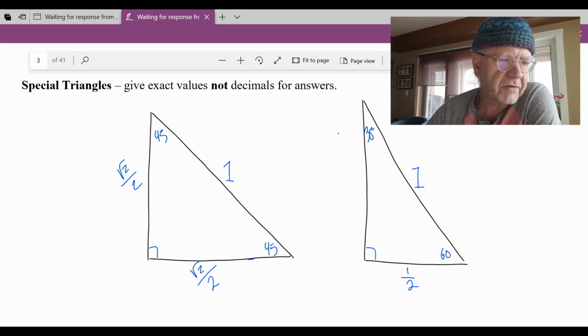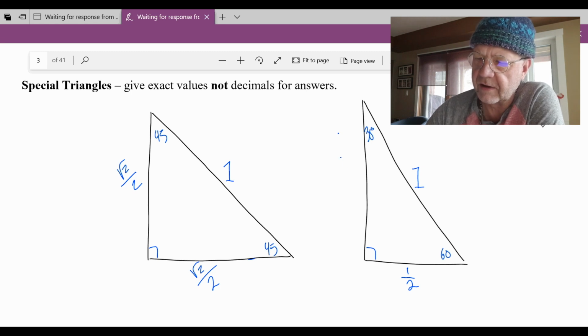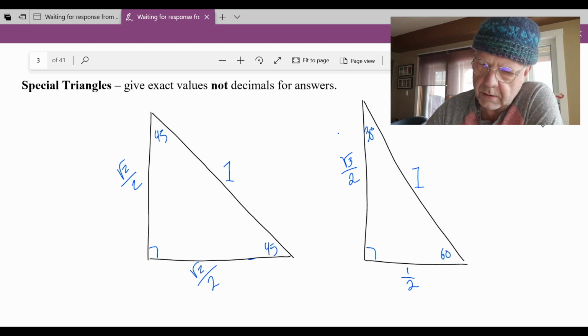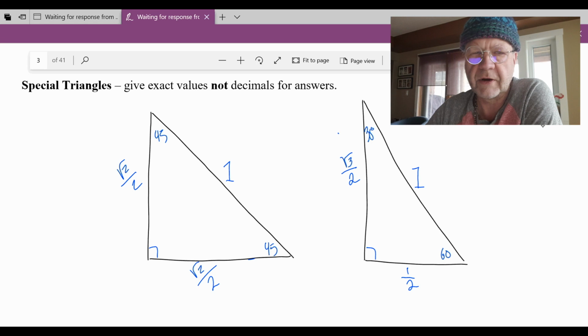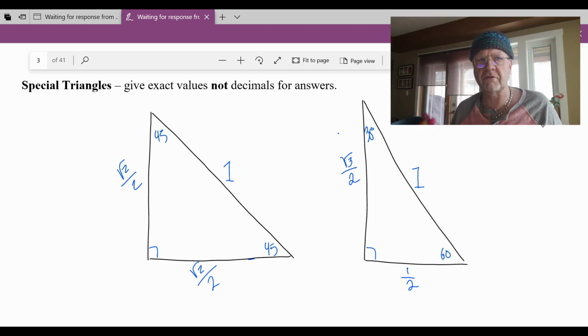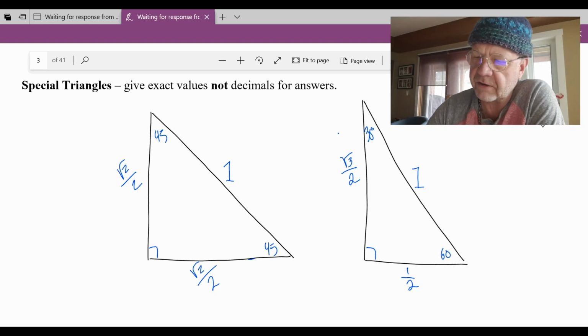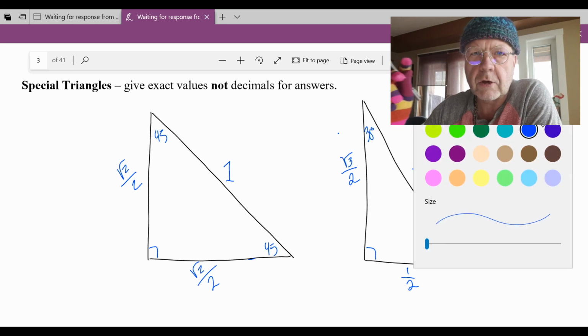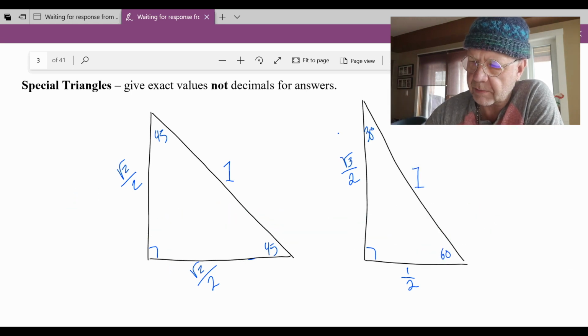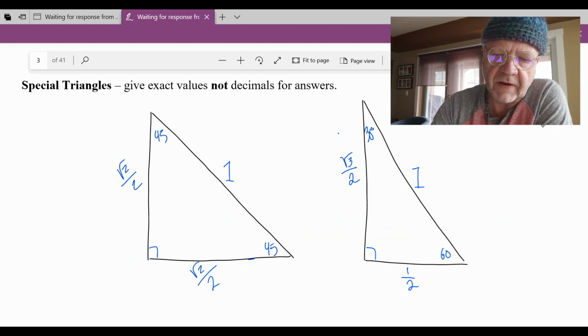And using Pythagoras again, we can figure out the length of the unknown side, the tall side of the 30, 60, 90, as being root 3 over 2. All right. So there's our two standard triangles and our standard lengths using the 1 unit length of the hypotenuses in both cases.